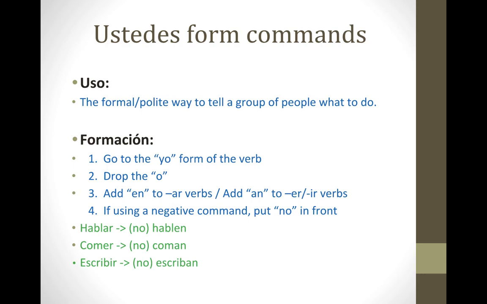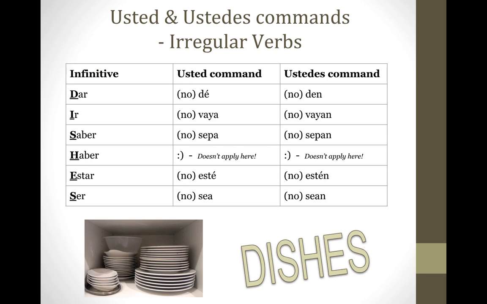Okay, let's go to the next section of your note guide, and that's talking about the irregular commands. These are the exact same irregular commands that you saw with negative tú commands and you saw with nosotros form commands. Okay, so it's still the dishes verbs. Okay, fill out your chart as follows.